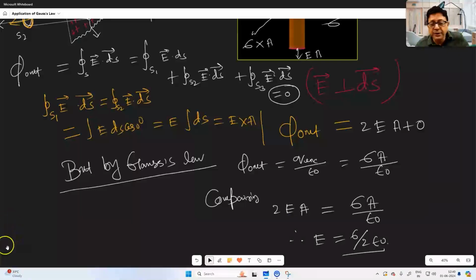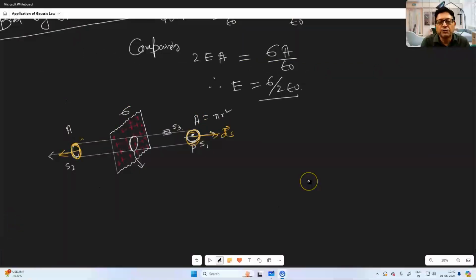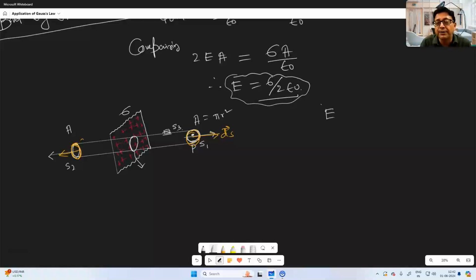So the electric field we got is sigma by 2E0. Due to this plane sheet of charge, you can see that the strength of the electric field is independent of what? Distance. If you write E using vector notation, it will be sigma by 2E0 K cap, taking Z axis in the positive direction.